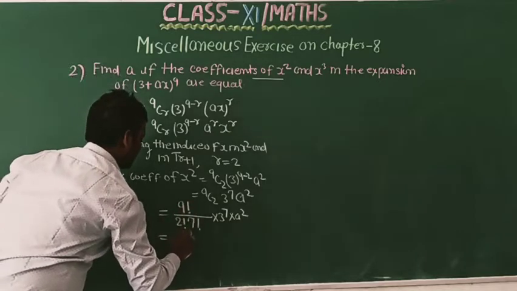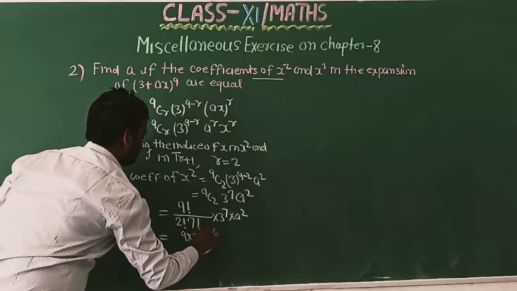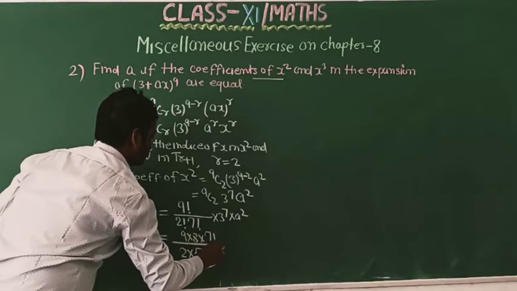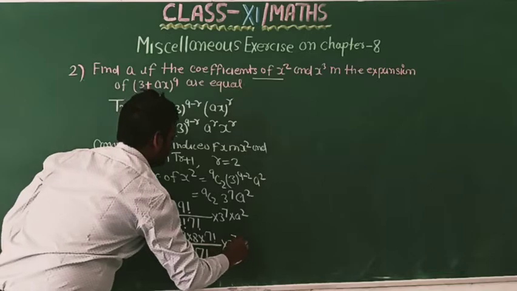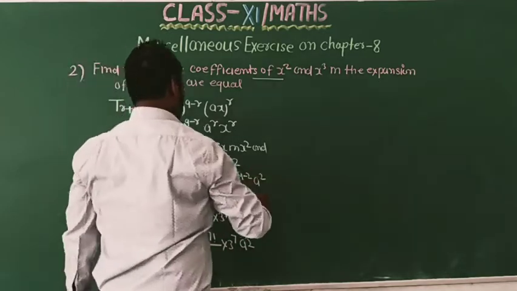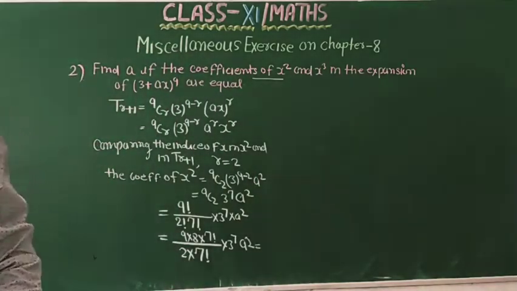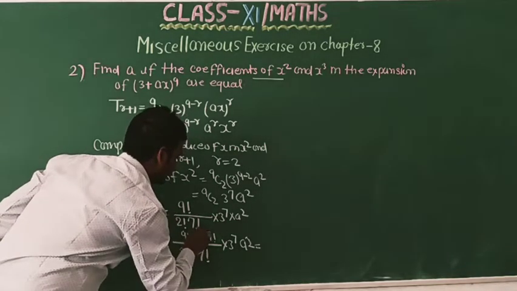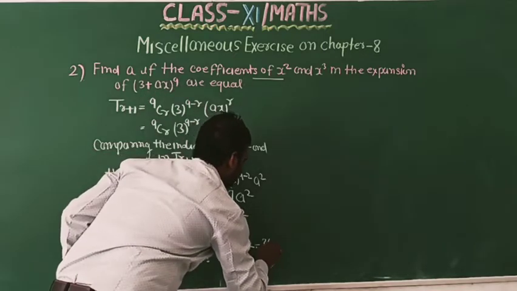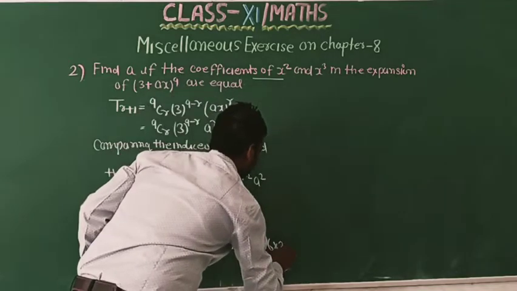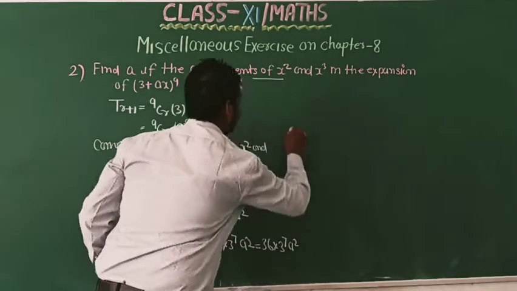So this is 9 into 8 into 7 factorial by 2 into 7 factorial into 3 to the power 7 a square, which equals 36 into 3 to the power 7 a square, with the 7 factorial cancelling out.